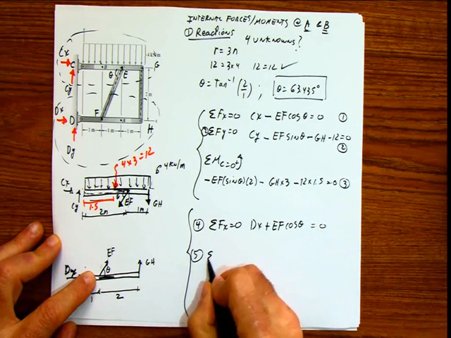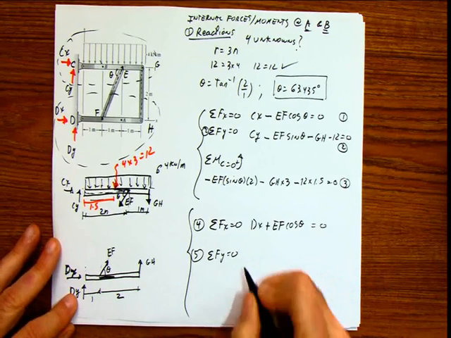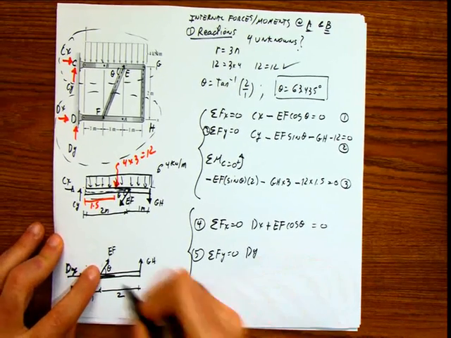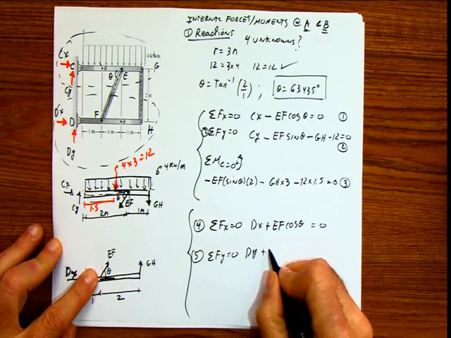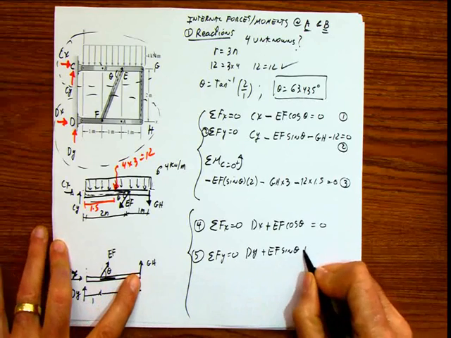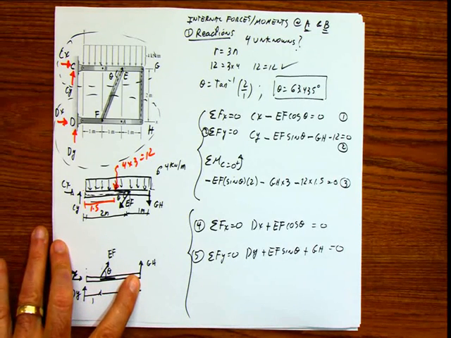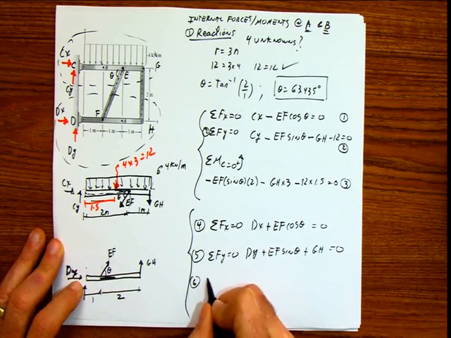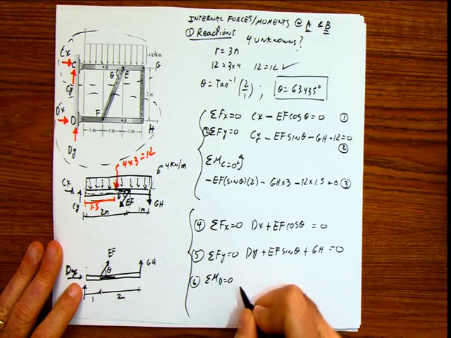Equation 5, summation of forces in y equals 0. dy plus the vertical component here is EF sine of the angle, plus gh equals 0. And equation 6 is going to be summation of moments, and I'm going to do summation of moments at D equals 0.